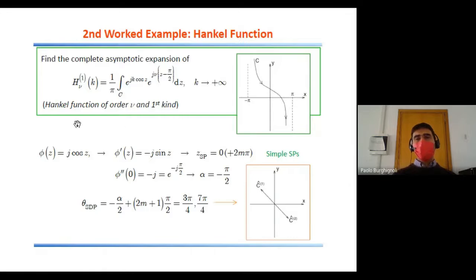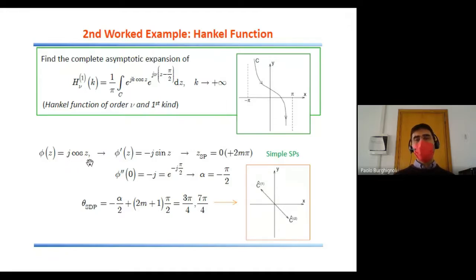Let us try to apply the method of steepest descent, or the saddle point method, by first ascertaining what is the function phi. You can read it as what multiplies the large parameter k in this exponential function, and therefore phi of z is given by j times the cosine of z.